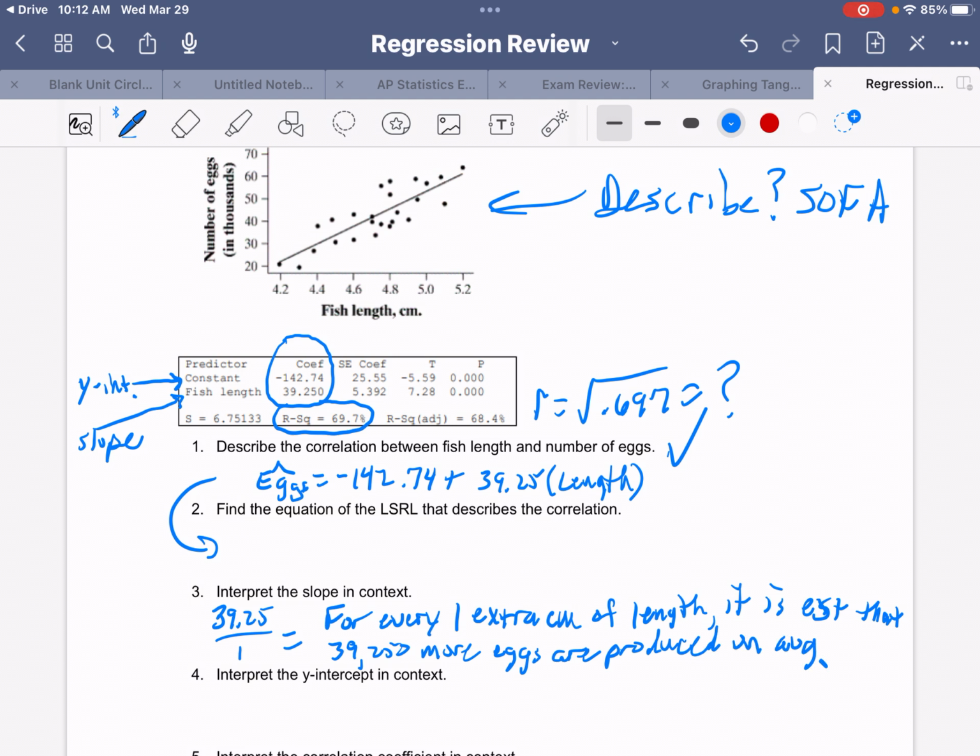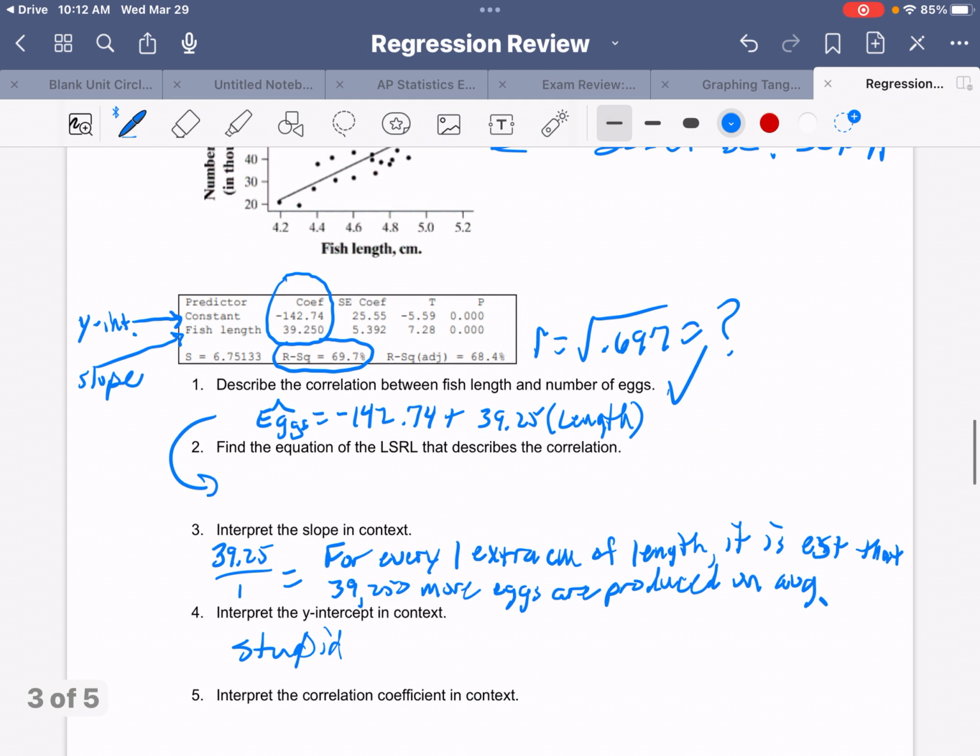So be careful with that. The y-intercept is silly. It's saying that when the fish length is 0, you get negative 142,000 eggs.